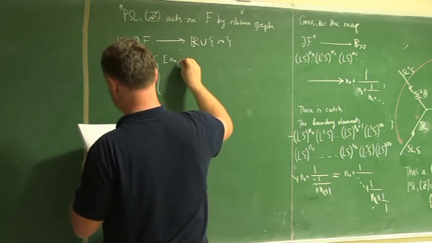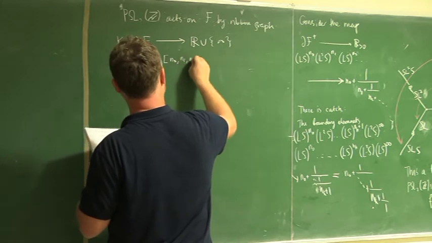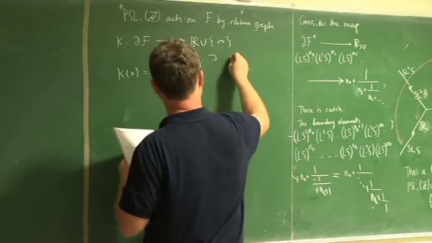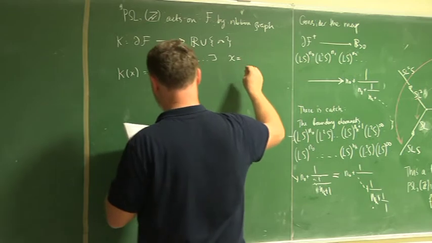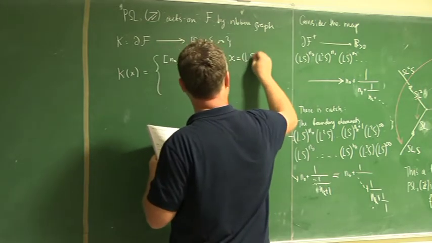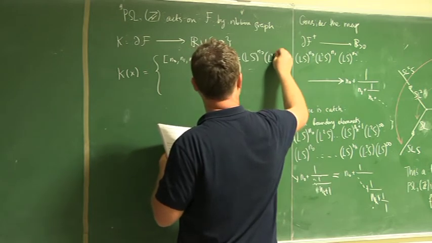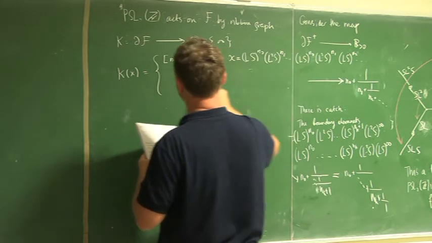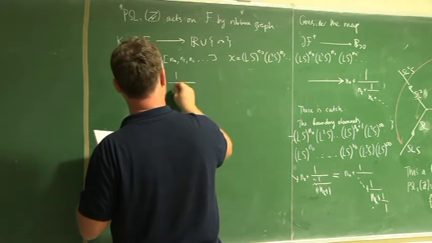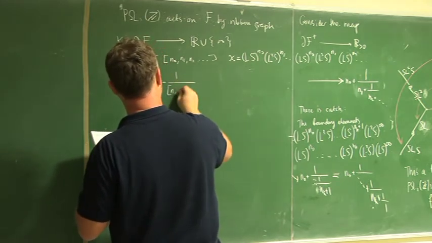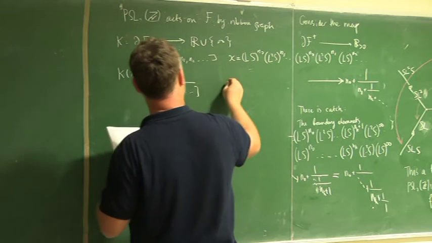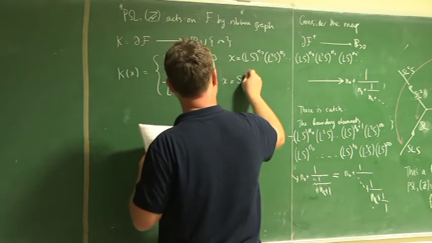So this is sent to the continued fraction n1, n2, etc. if x does not start with an s, L squared s to the power n1 and so on, and minus 1 over n0, n1 if x starts with an s.